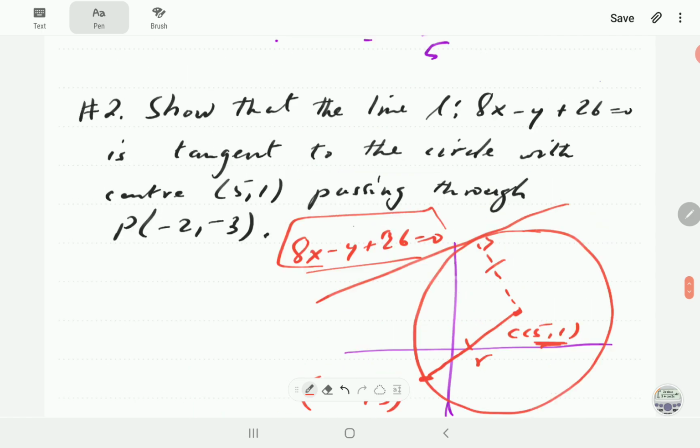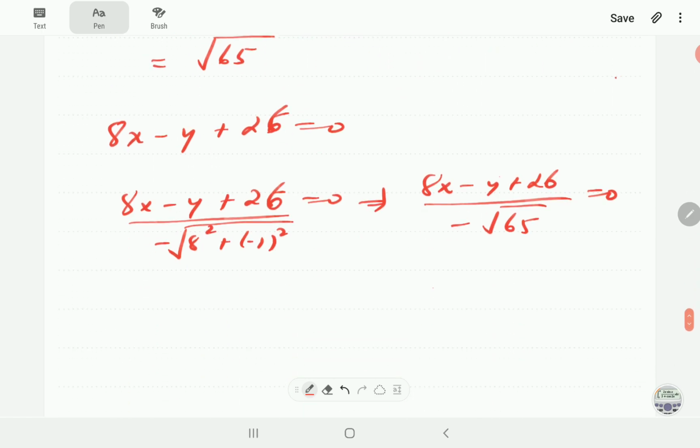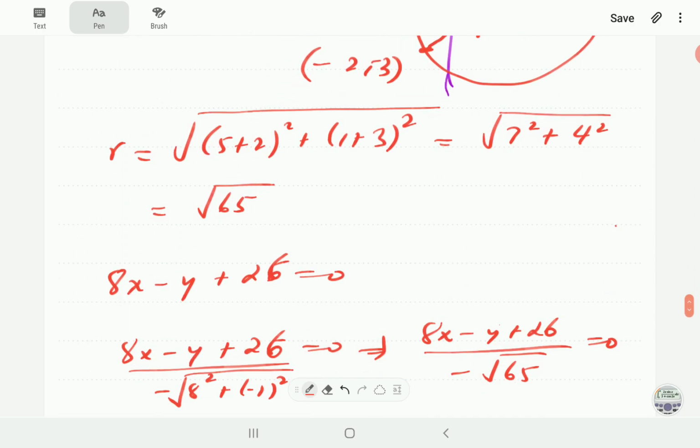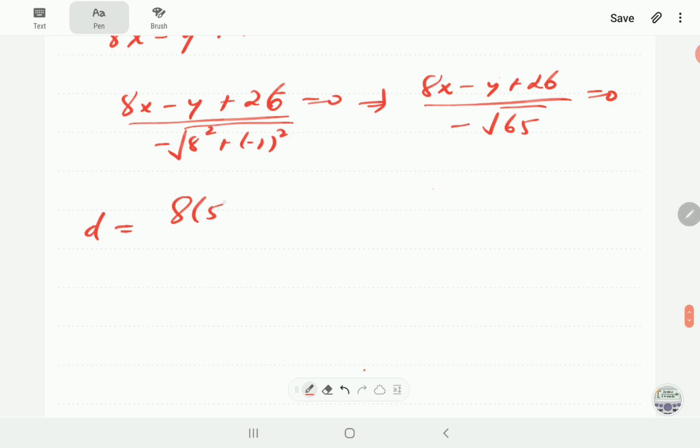Then this distance here, let's call it d, is simply going to be given by 8 times 5 minus 1, and then plus 26, all divided by negative square root 65, plugging in the coordinates of the center, which is 5, 1.